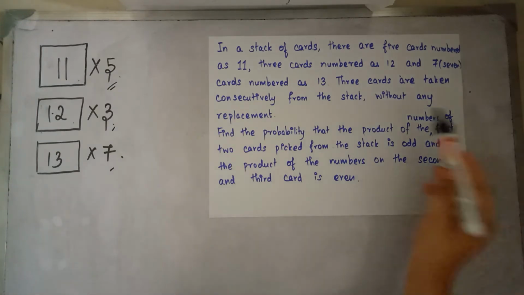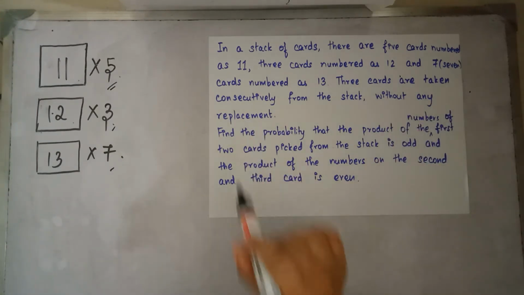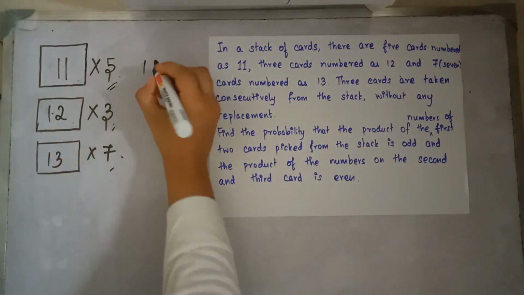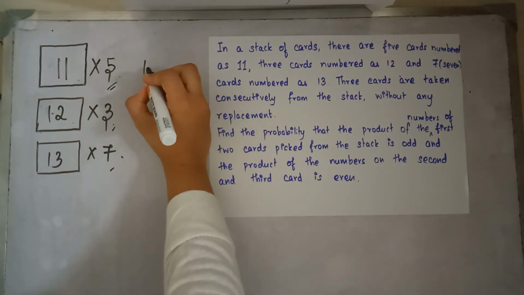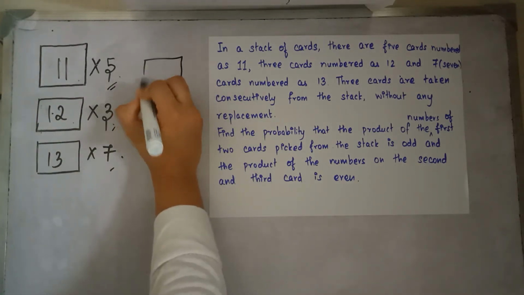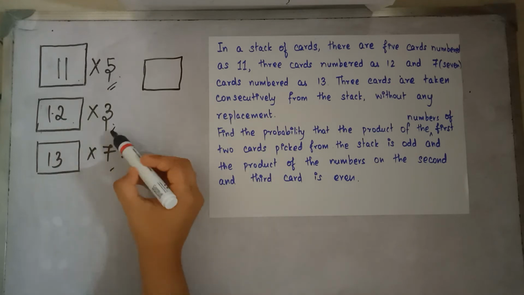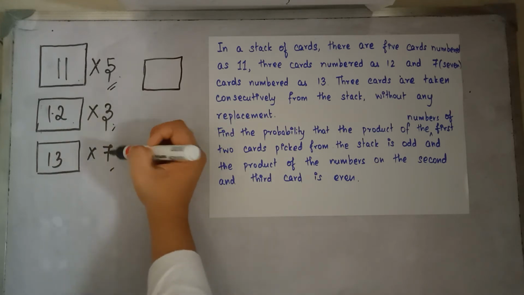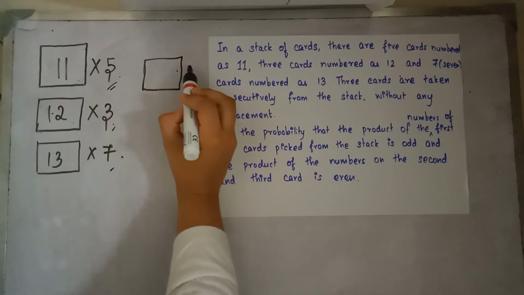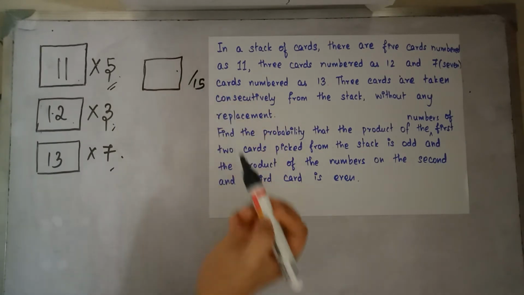Now, if this term "without any replacement" comes in any problem in probability, it means only one thing. It means that the total number of items decreases. Let's say I'm taking one card, and initially there will be 15: 5 plus 3 plus 7, 15 cards. So when I'm taking the first card, the total will be 15.